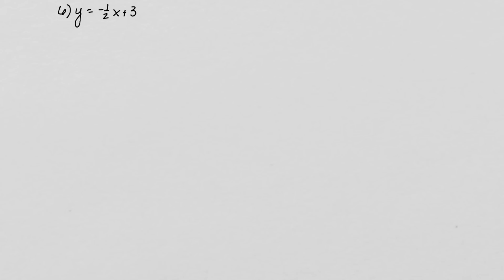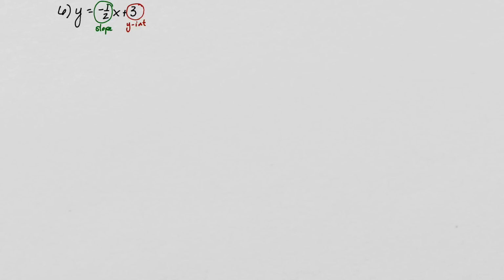So if you notice that here I have a 3, this is the y-intercept, and here I have the slope of minus 1/2. So those are the things that are going to be key to graphing this. So we need the y-intercept, and then the minus 1/2, that's the slope.